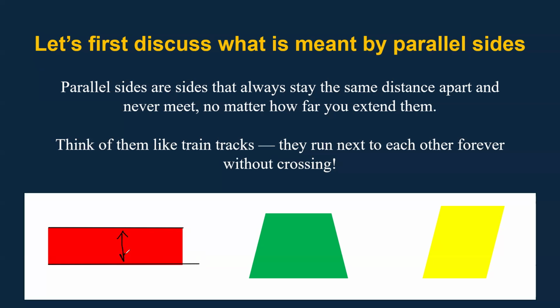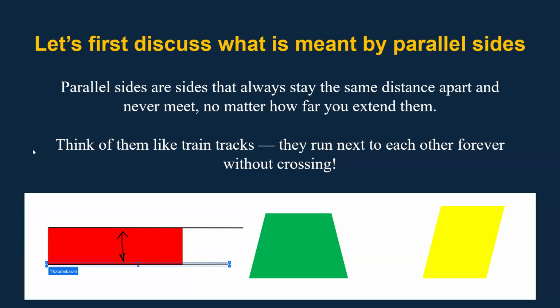It's consistent. That means that if we were to extend both sides forever in any direction, they're never going to meet. Okay, so if that kept extending and if the bottom side keeps extending, they are never going to meet, are they? They're going to forever run parallel to each other and the distance never changes.